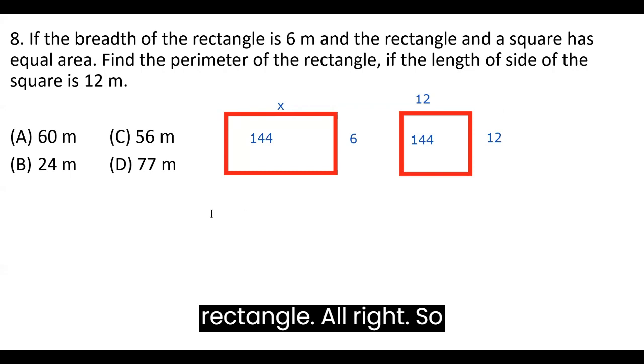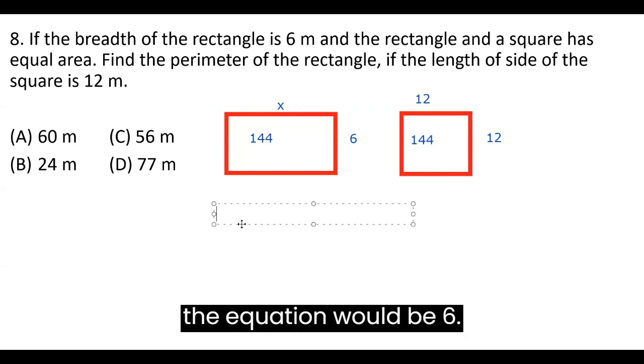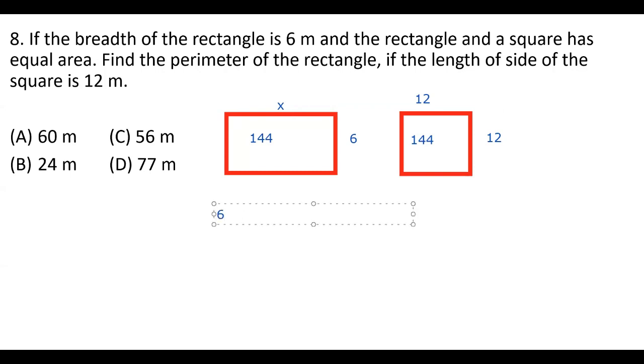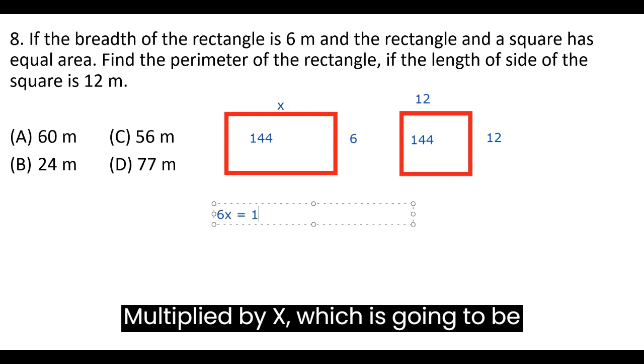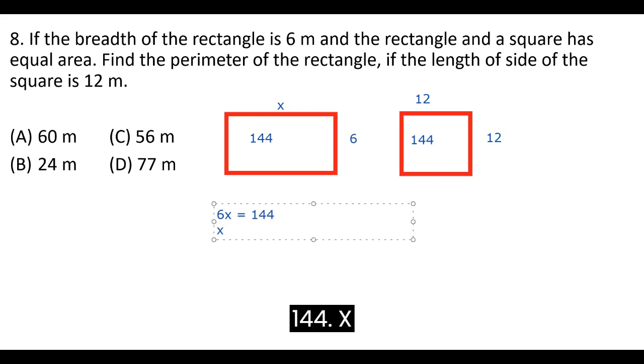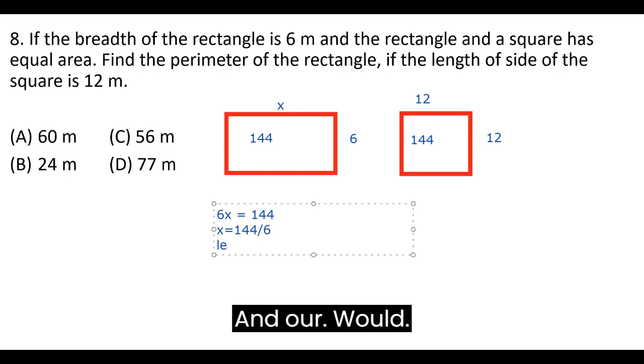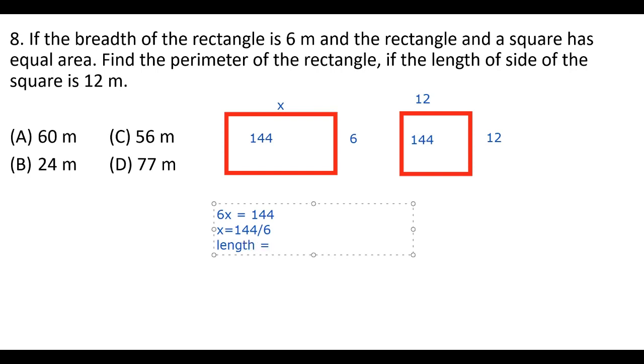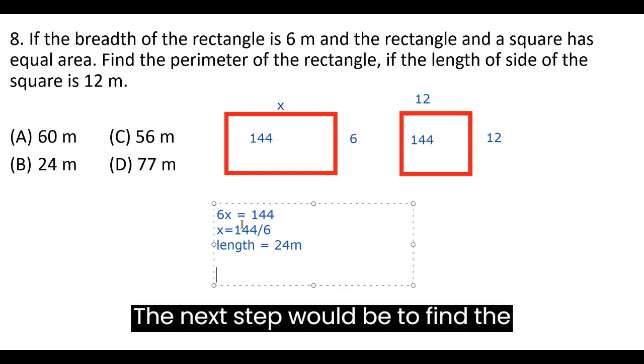All right. So the equation would be 6 multiplied by x, which is going to be 144. x would be 144 divided by 6, and our length would be 24 meters. The next step would be to find the perimeter.